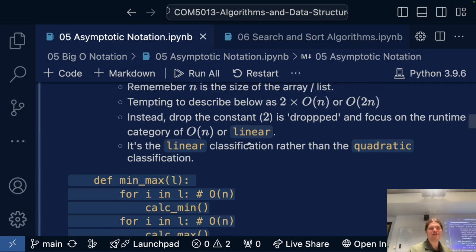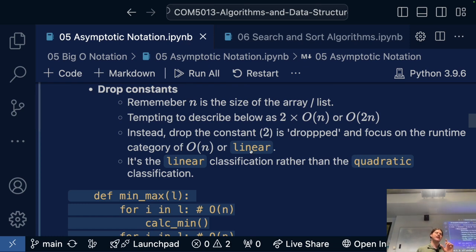Why isn't it that? Well, remember we're trying to classify this, and we're really just looking for which category it is. Is it linear or is it quadratic? Well, it's closer to linear, isn't it? It's O of n. We can therefore drop the constants. That's our bullet point here. We can drop the constant. We only need to focus on linear time. It doesn't matter if it's 2 times linear time, 3 times linear time, half times linear time.